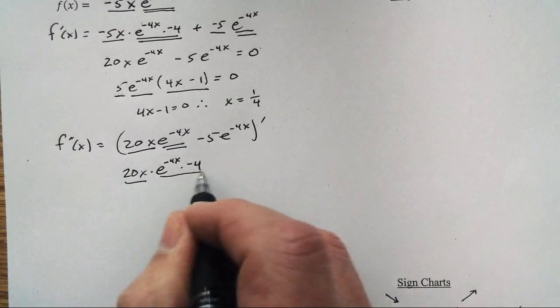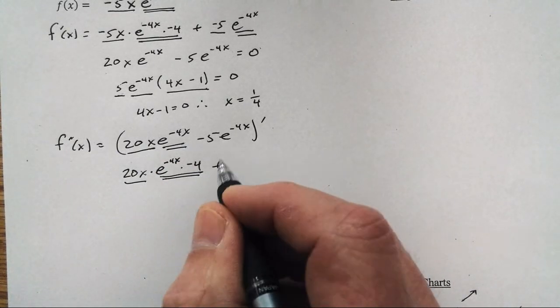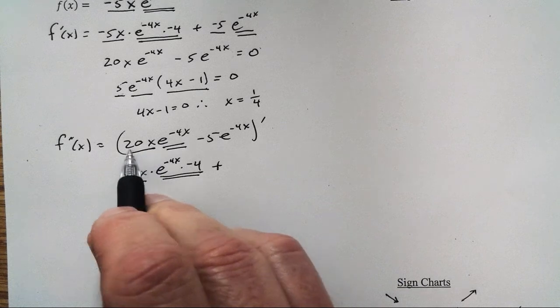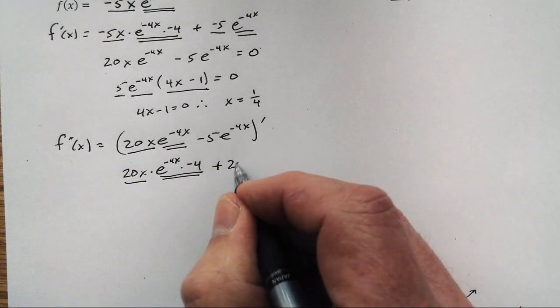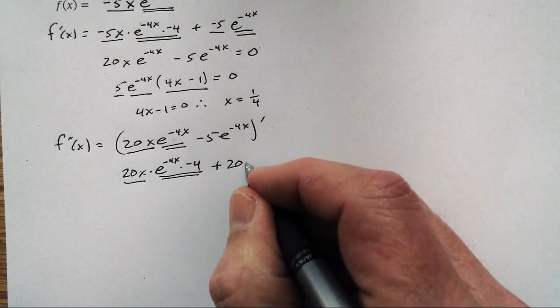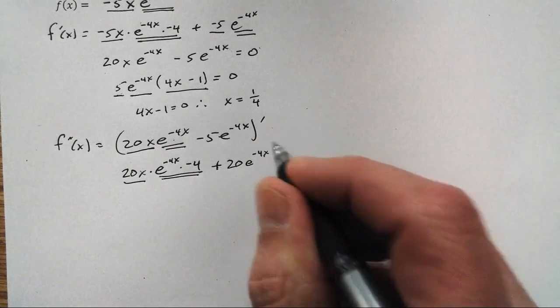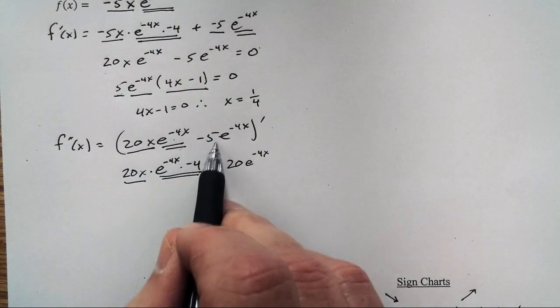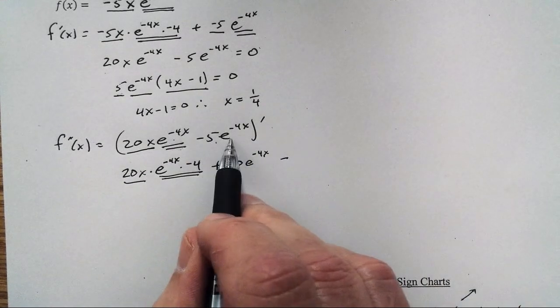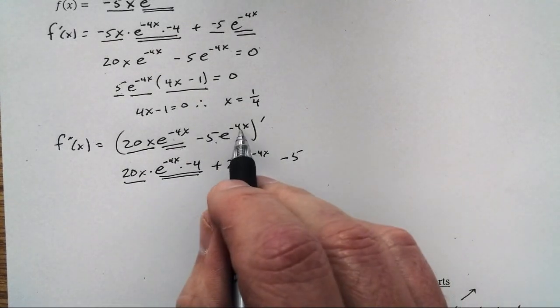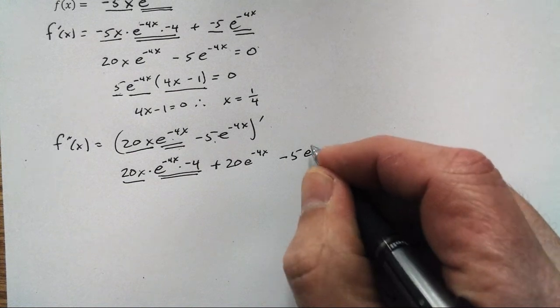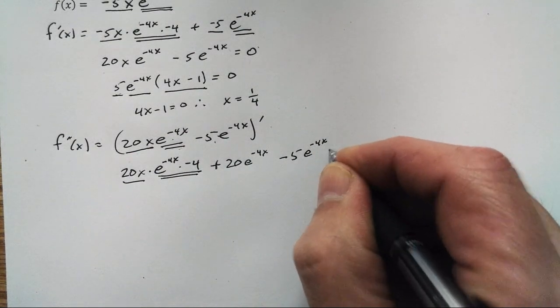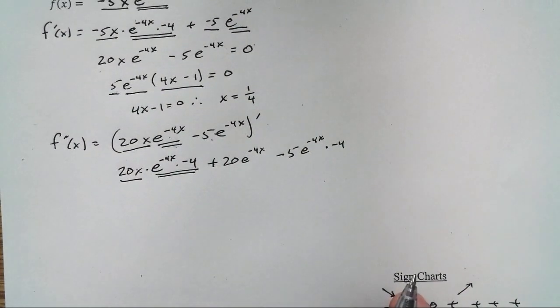That's first times derivative of second, plus derivative of first function, 20, plain old second function, e to the negative 4x. And then I'm left with, that's product rule on this first term. I still have minus the derivative of this, minus 5, derivative of e to the negative 4x is e to the negative 4x, treat the baby, times negative 4.